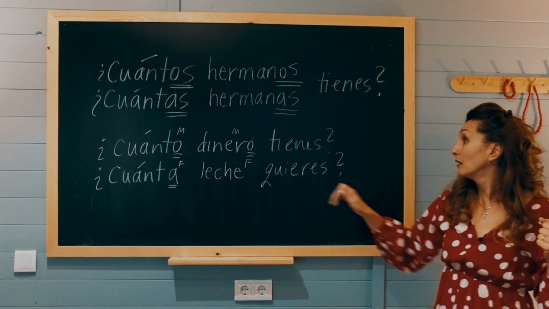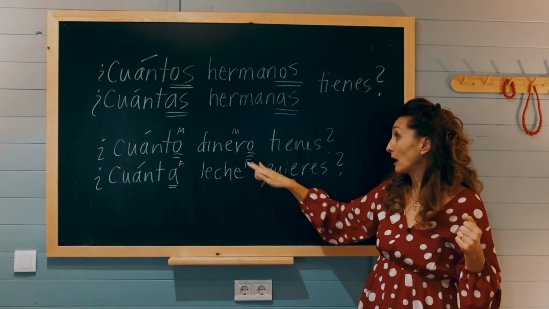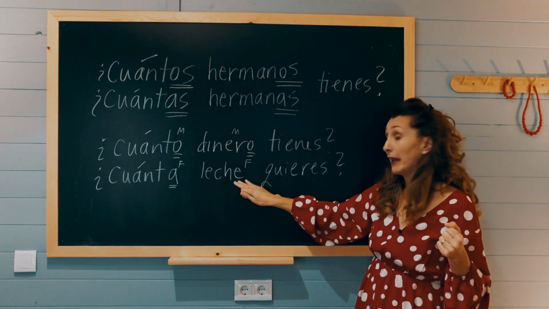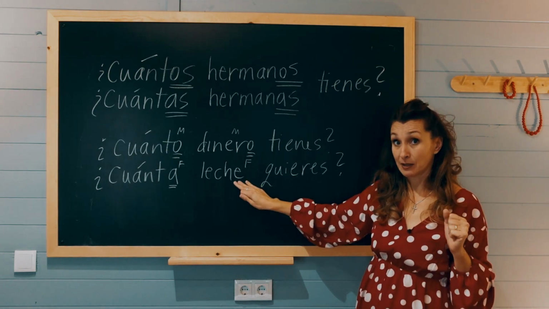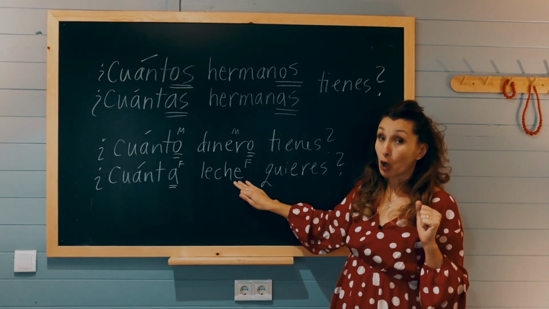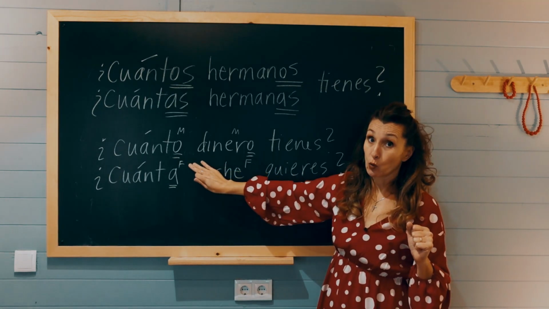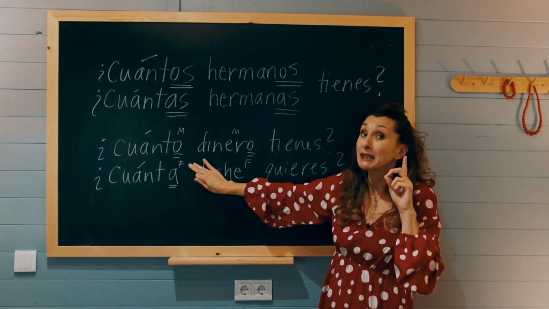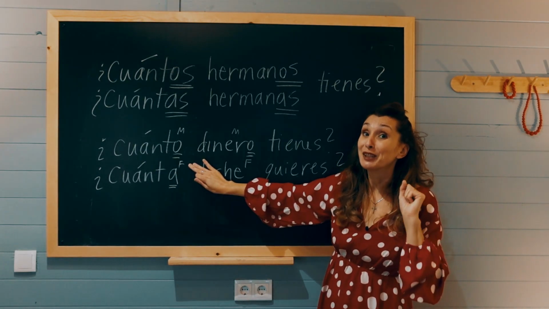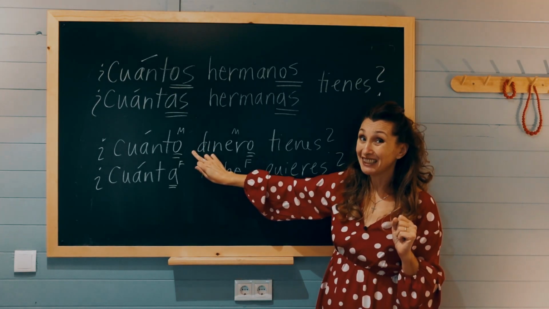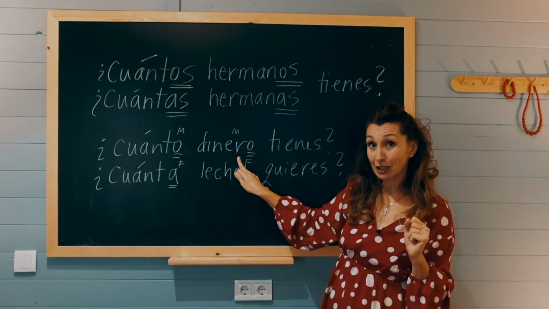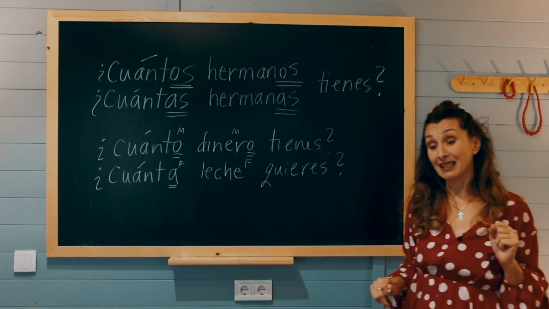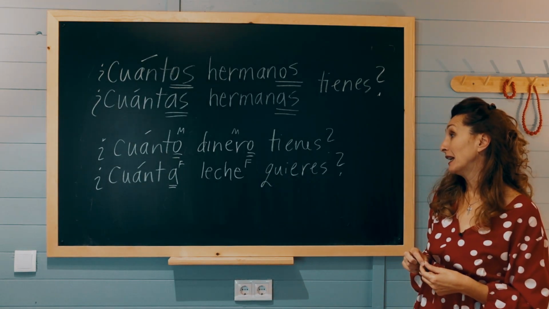Uncountable nouns that do not have plural as such, dinero cannot be counted as 1, 2, 3 monies, and milk 1, 2, 3 milks. Okay? So, because they can't be counted, this question word is in simple, let's say singular. It remains in singular, but it still has to reflect the gender. Okay? ¿Cuánto dinero? Because it's a masculine noun, and cuánta leche, because leche is a feminine noun.